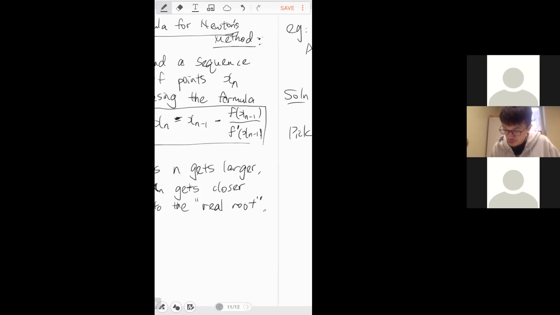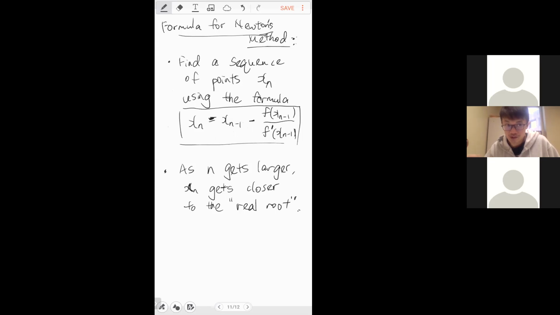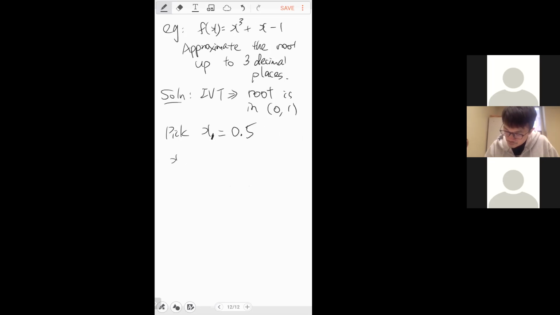And I'm going to use this formula to find the second point. Using the formula, I know that x2 equals x1 minus f of x1 divided by f prime of x1. f of x1 should be easy.